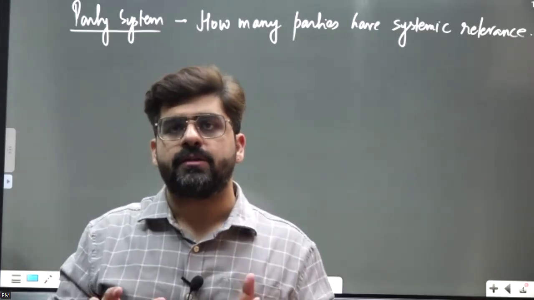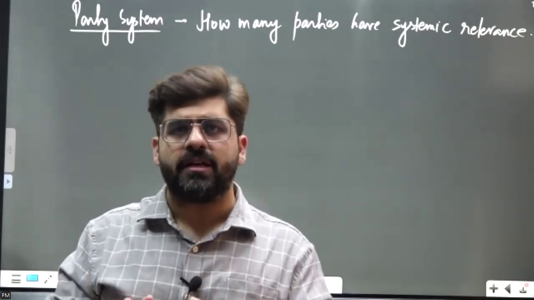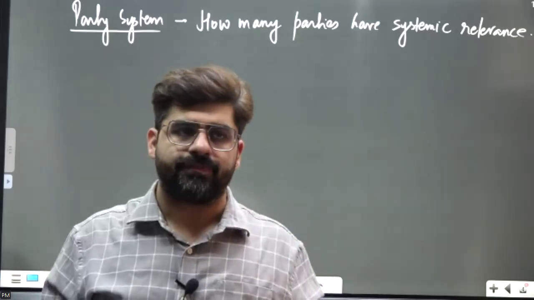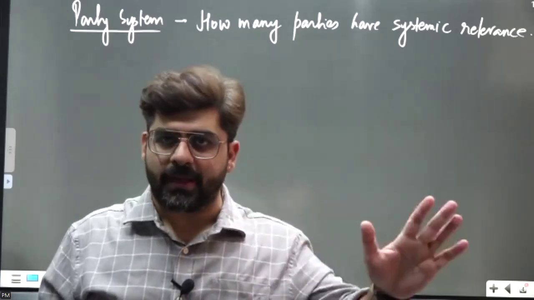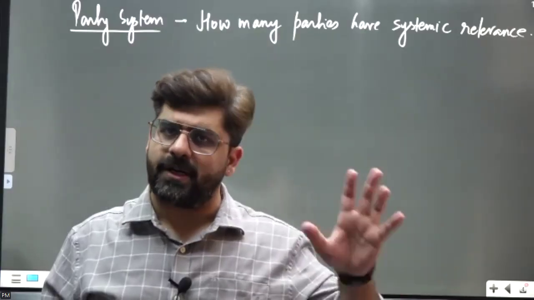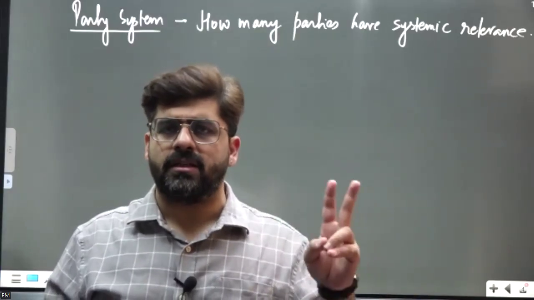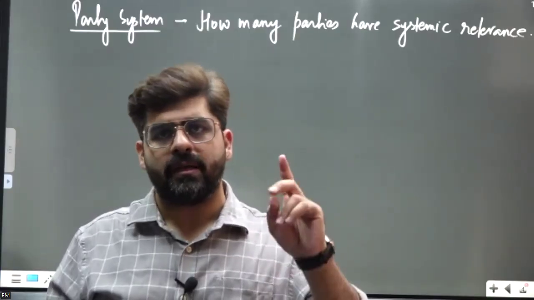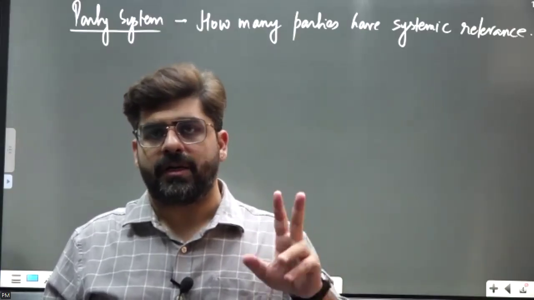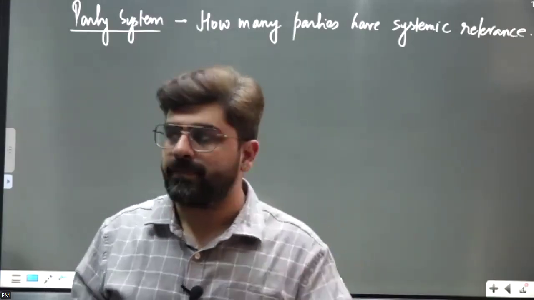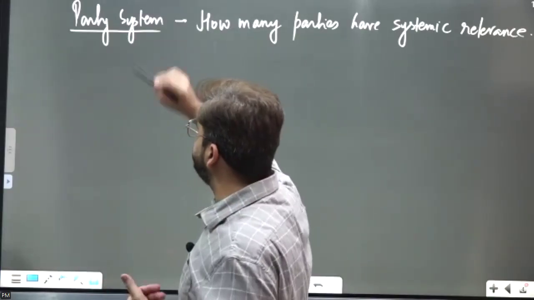Similarly, in the US, you have many parties, but systemically important parties are only two, the Republicans and the Democrats. Similarly, in the UK, you have other parties also. The Scottish National Party is there, but not that important. Majorly, it is the Conservative Party, and secondly, the Labour Party, which is important. So those parties which have systemic relevance will tell us the party system.